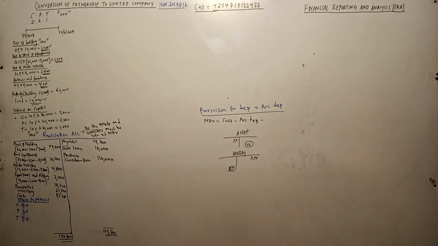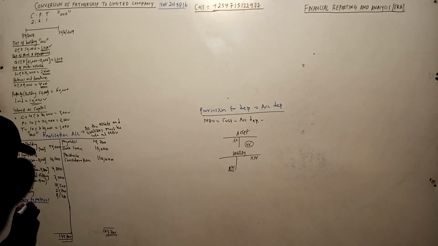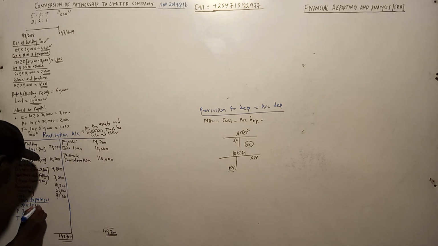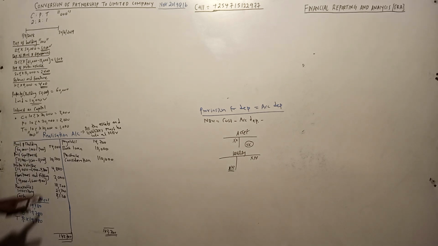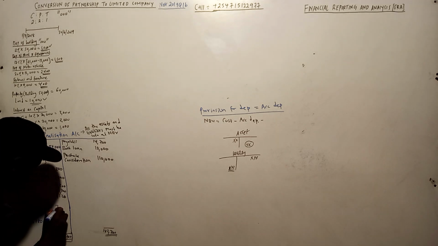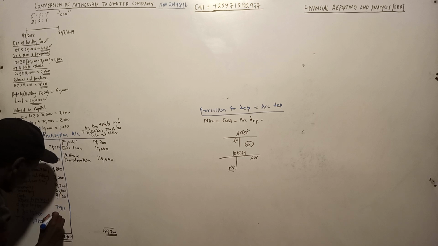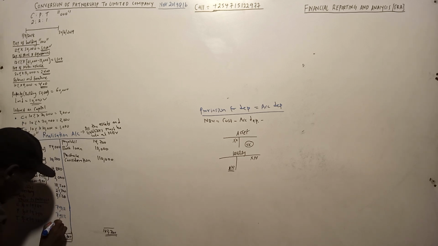The balancing figure is 19,780. So that the account balances, 2 over 5 times 19,780 is 7,912. The next one is 7,912, and the last one is 3,956.